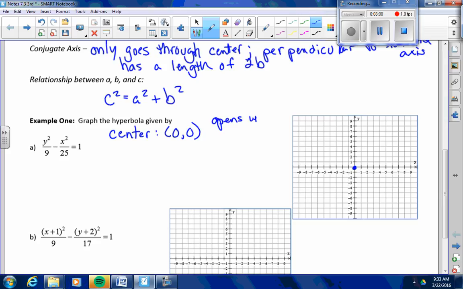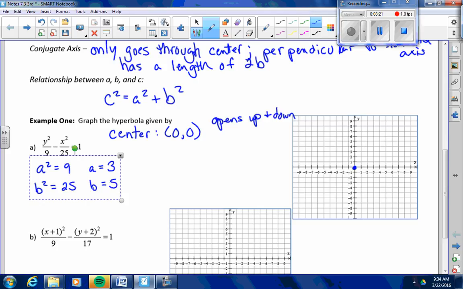Opens up and down. Which one is a squared? Okay, a squared equals 9, therefore a equals 3. B squared then equals 25, therefore b equals 5.